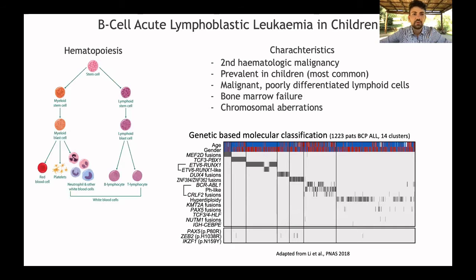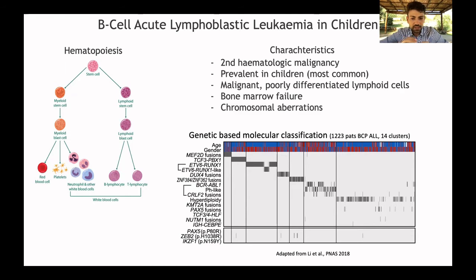That's the case for B-cell acute lymphoblastic leukemia in children, which is the second hematologic malignancy worldwide. It is prevalent in children, is malignant, and is caused by poorly differentiated lymphoid cells, which produce an aberrant amount of immunoglobulins, leading to bone marrow failure. The classification of this disease is still based only on a genetic basis.